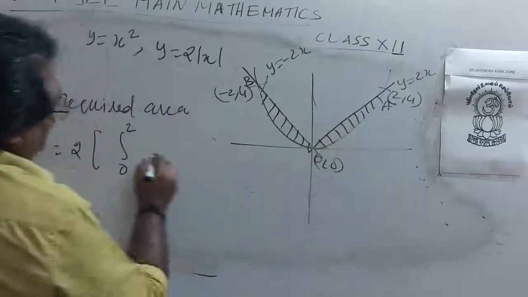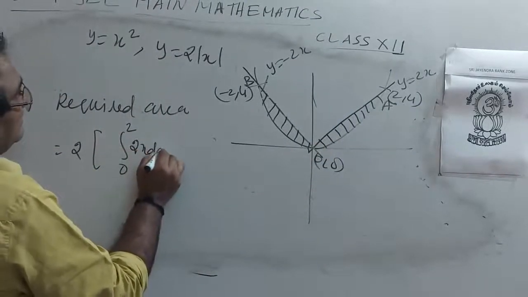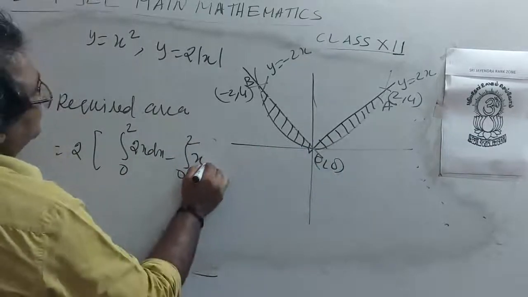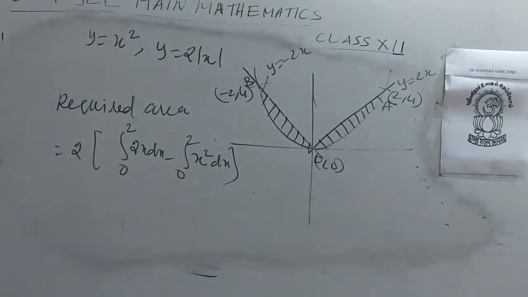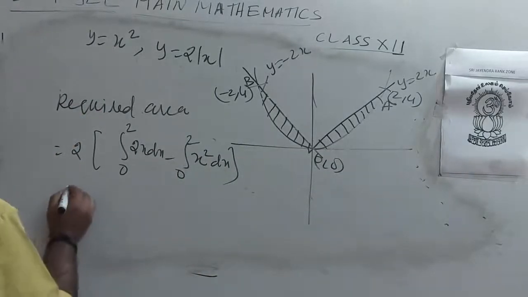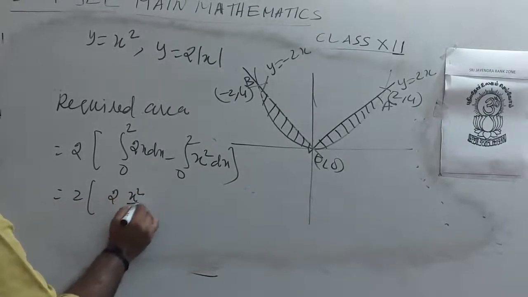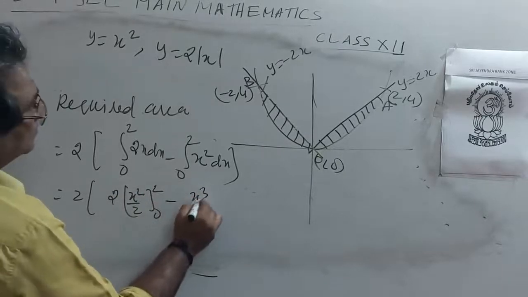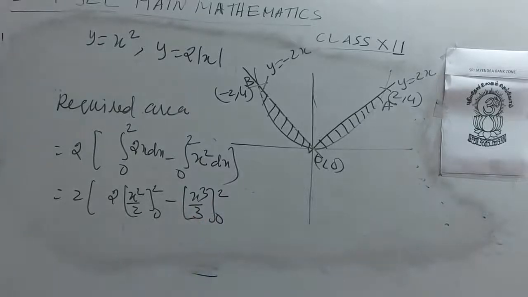First this line 2x dx minus 0 to 2 the parabola x squared dx. So 2 into x squared from 0 to 2, minus x cubed by 3 from 0 to 2.